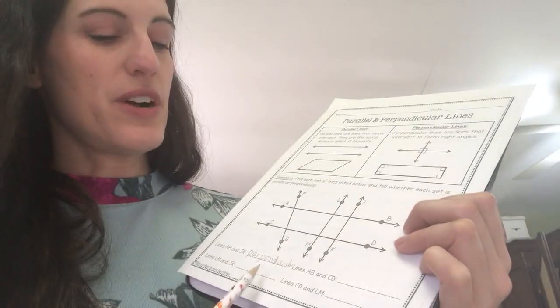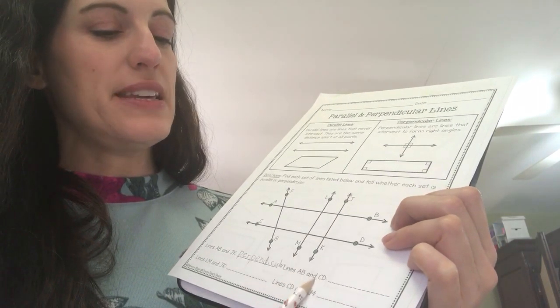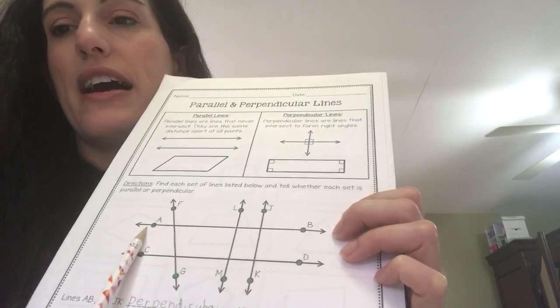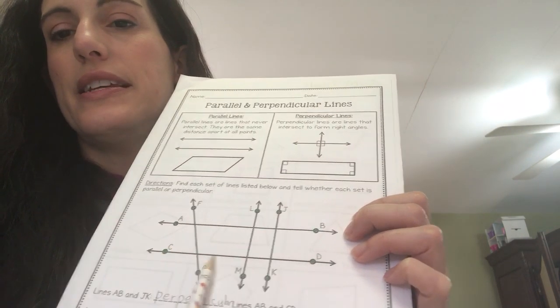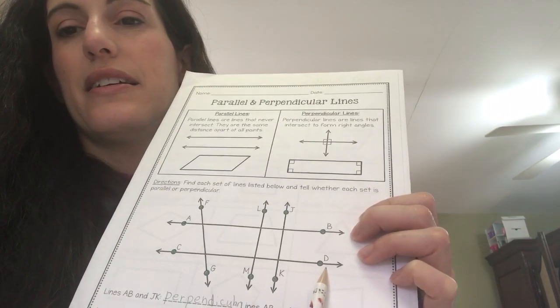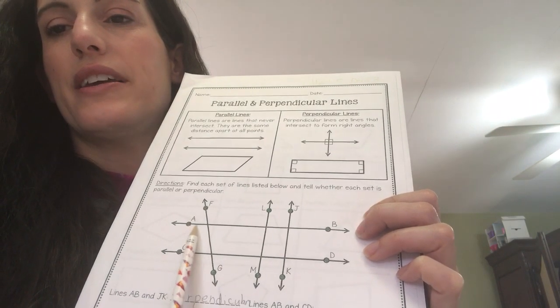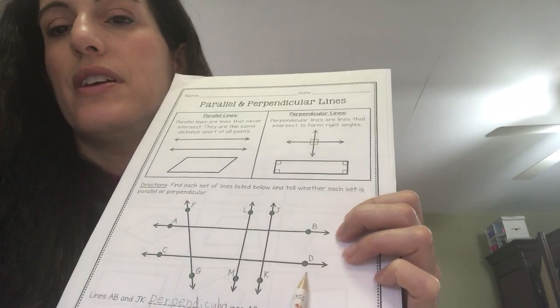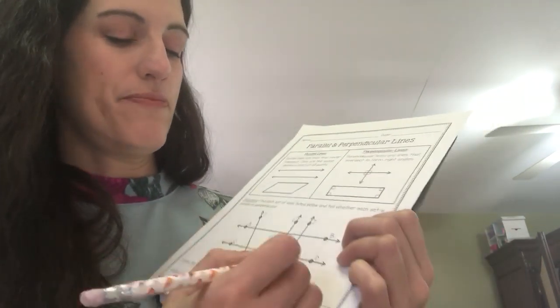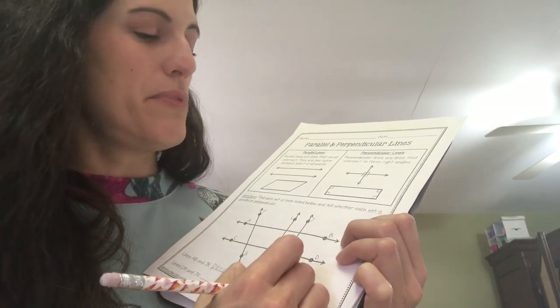All right, the next one, lines A and B and C and D. Do they intersect? No. These lines would be parallel. They're the same distance apart.